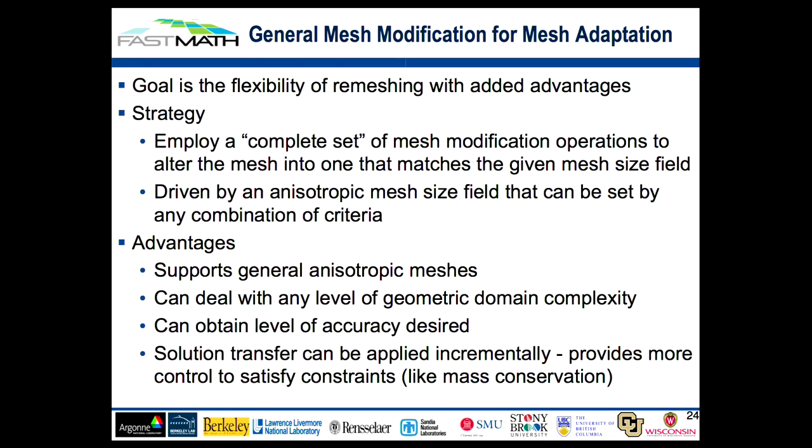Okay, in terms of the mesh modification for adaptivity, we want to be able to employ a set of general mesh modifications, if you will, a complete set of those, and complete is in quotes. Basically, you want to have as much flexibility in the mesh adaptation as you would have in fully automatic mesh generation, but you don't really want to generate the whole mesh from scratch each time when you're adapting. Now, the typical assumption on why you want to apply these local mesh modifications is the savings of mesh generation time.